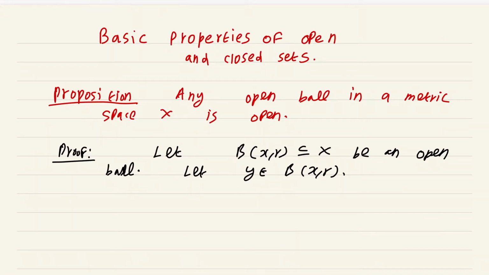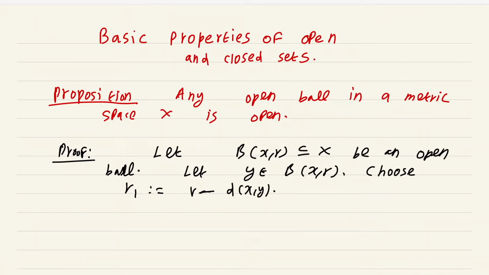Now we have to show that this point y is an interior point of B(x,r). So what we do is choose r1 by definition to be nothing but r minus d(x,y), exactly what we did for the real numbers.